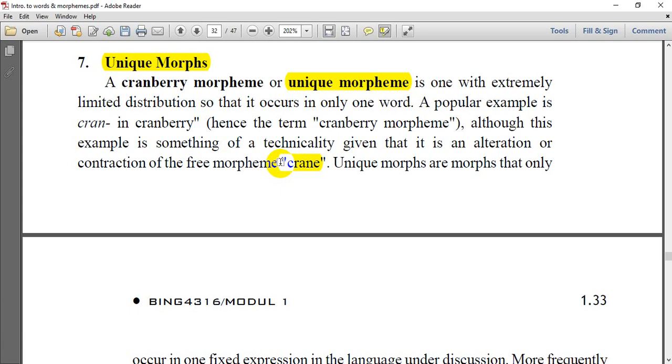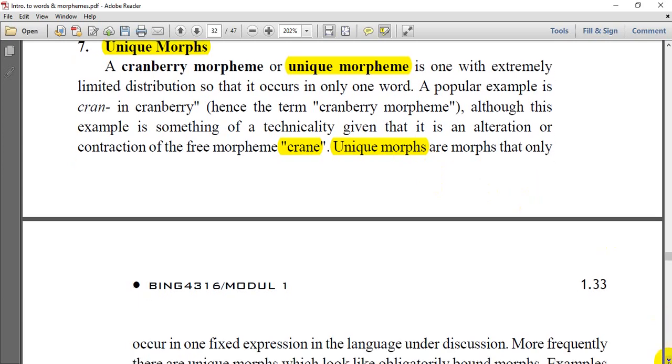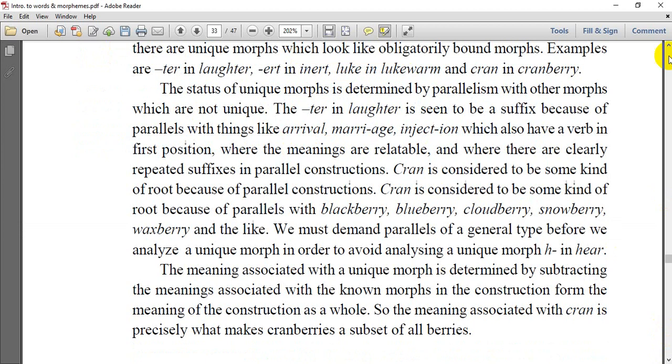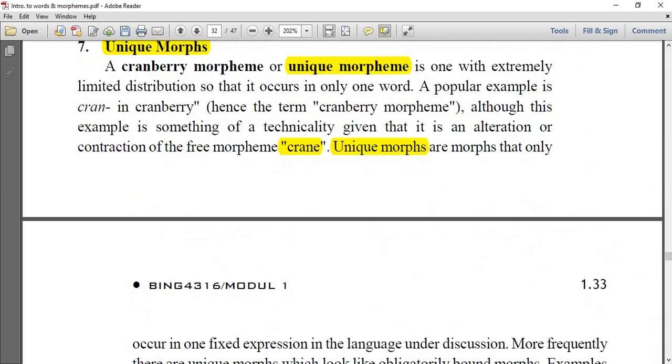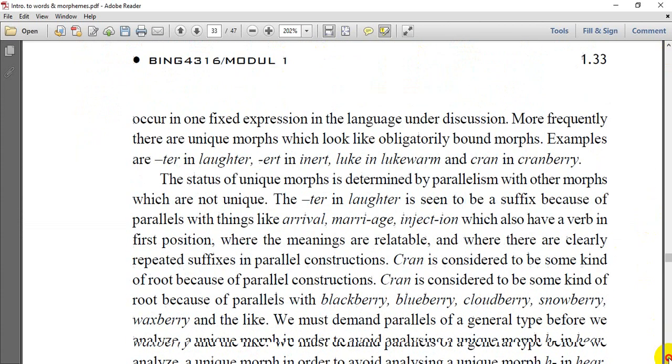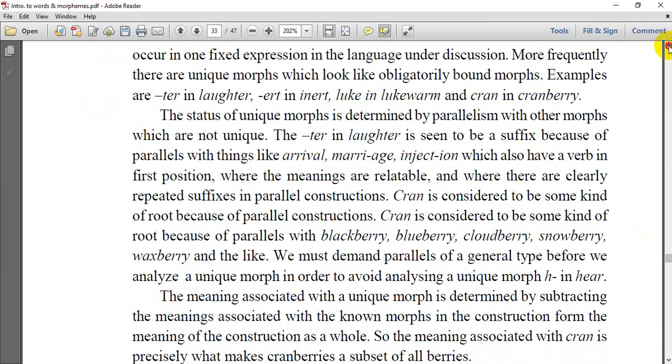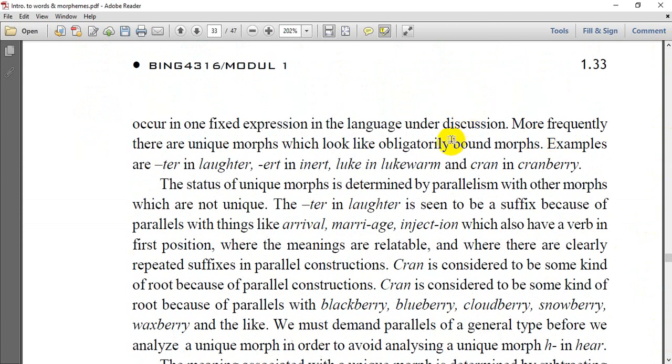And we have unique morphs. Unique morphs, just to differentiate between unique morphemes and unique morphs. Unique morphs are morphs that only occur in one fixed expression in the language under discussion.